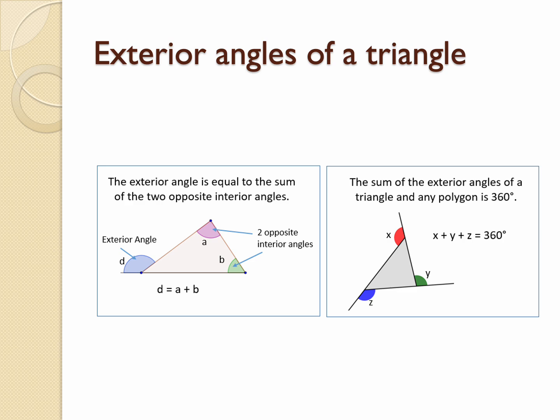And another nice fact is that this fact about the exterior angle doesn't just apply to triangles. It also applies to other shapes like a square, rectangle, a pentagon, hexagon. In fact, any polygon, the sum total of their exterior angles is 360 degrees. So let's remember this fact.